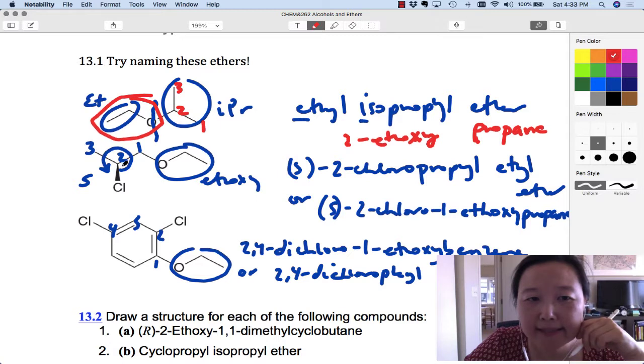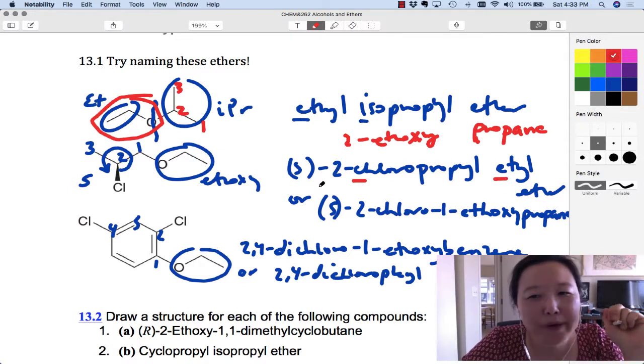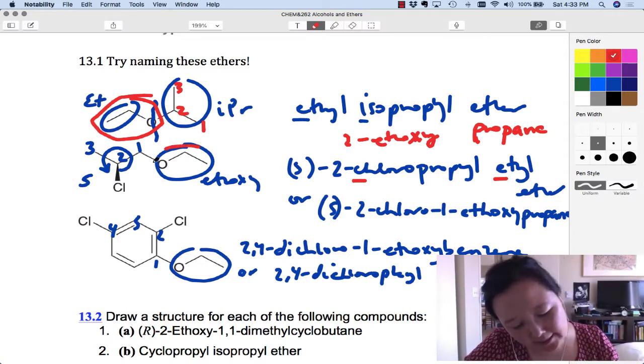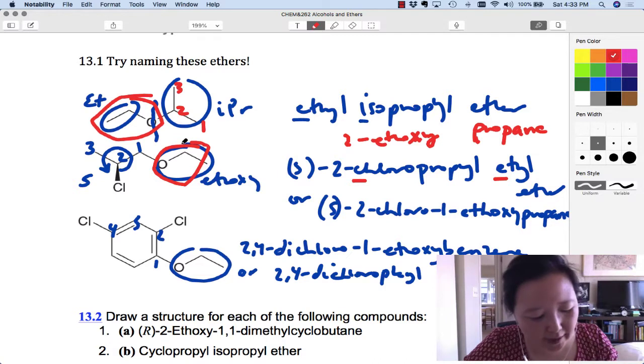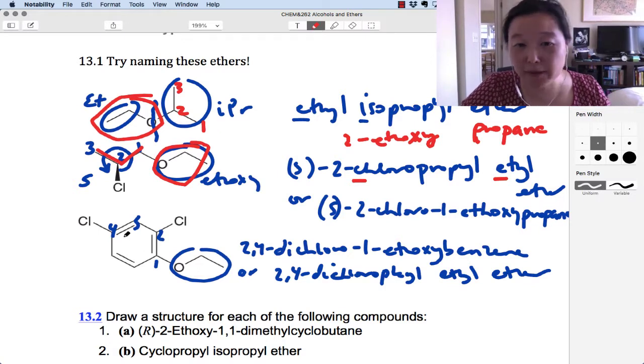This is S, and so this is (S)-2-chloropropyl ethyl ether because C comes before E. But if you want another way to name it, it could also be (S)-2-chloro-1-ethoxypropane. So that's also acceptable, and that's calling this a group or substituent off this parent chain. For the last one, I'm using a numbering system that has the smallest combination of numbers, 1, 2, 4.